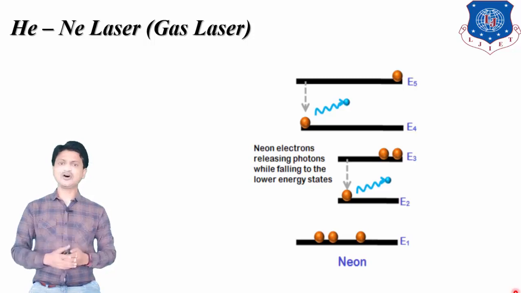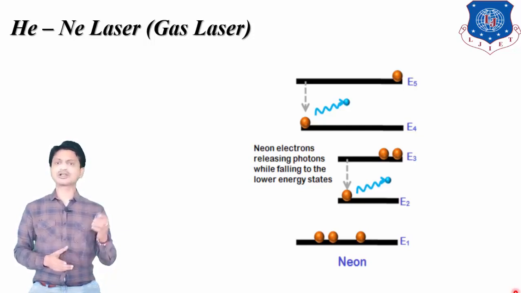The photons emitted due to stimulated emission will escape through the partially reflecting mirror, that is the output coupler, and similarly they produce laser light.